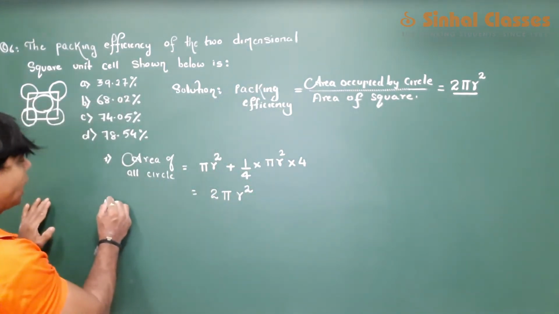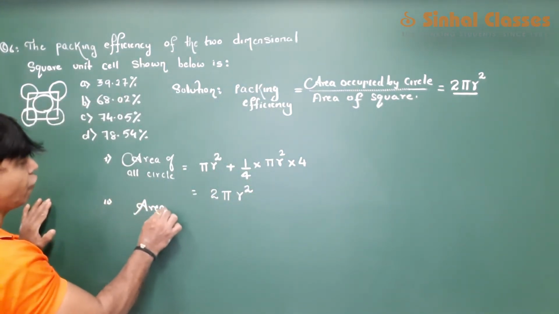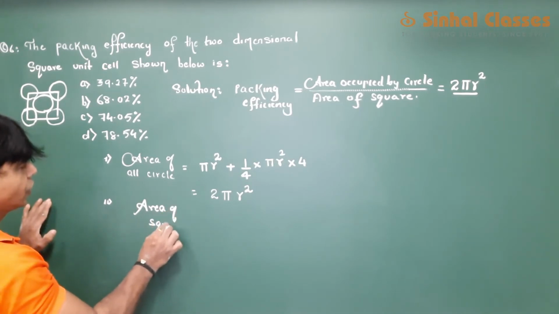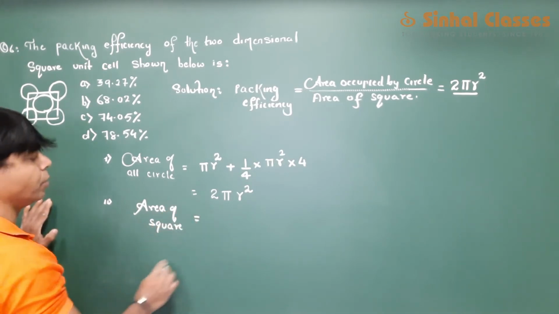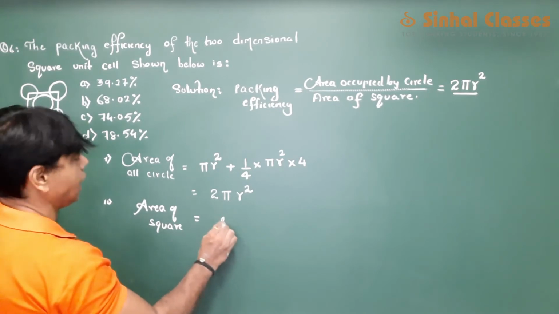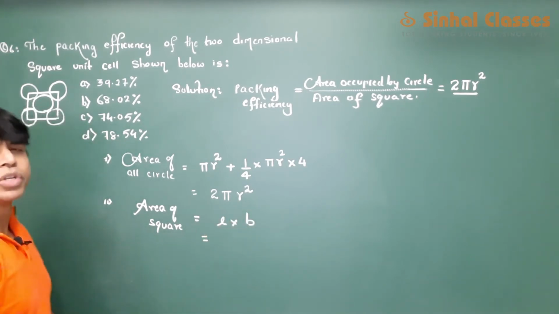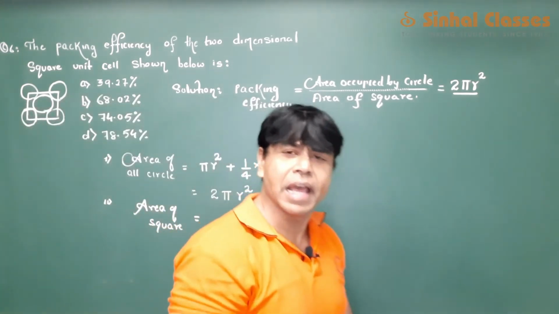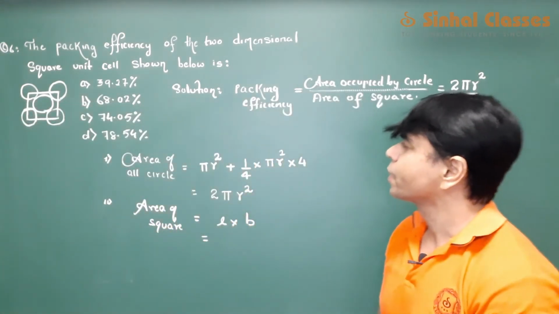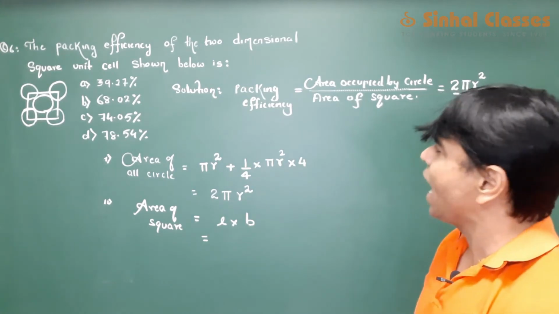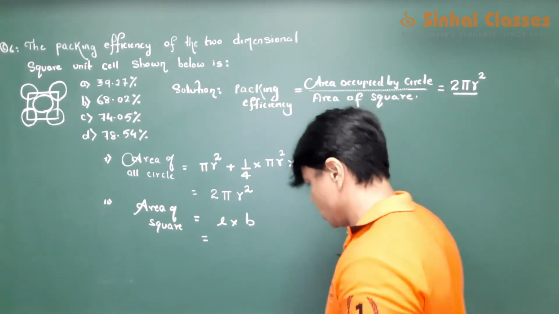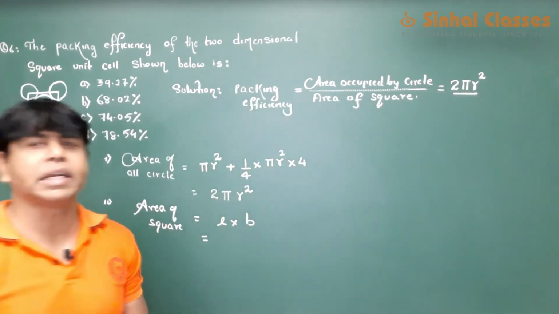Now we know that the area of a square will be length into breadth. Now the question is, how to get length into breadth? For that, what you do is, draw a diagonal.